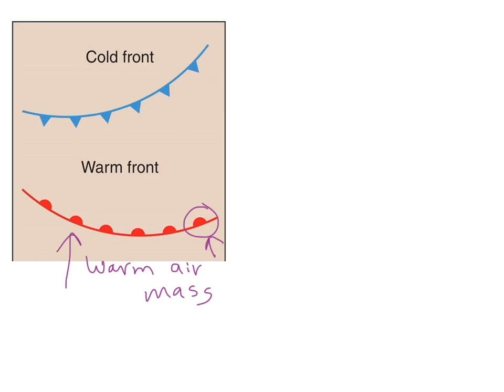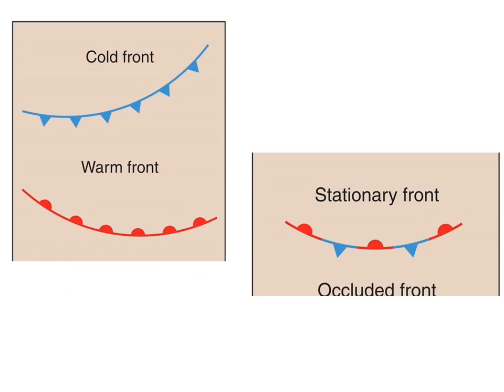Speaking of the air mass that's aggressive, the third one is a stationary front. There's no movement. It's a standoff. It's not moving. But still you can see which side of the front your warm air is on.